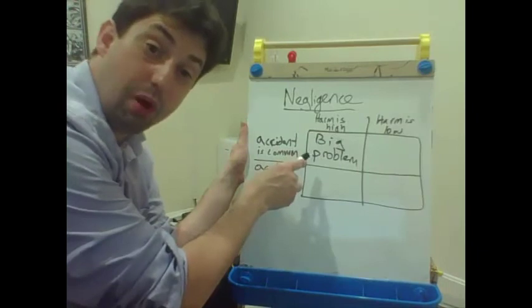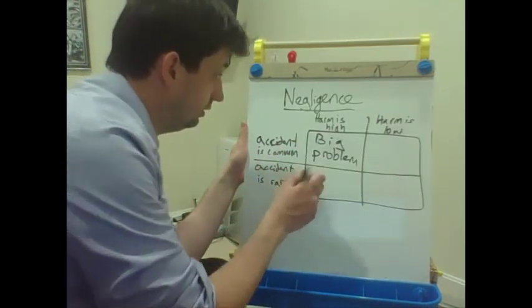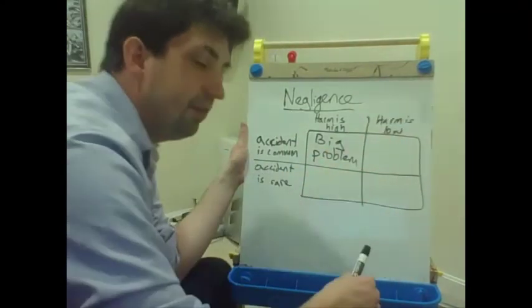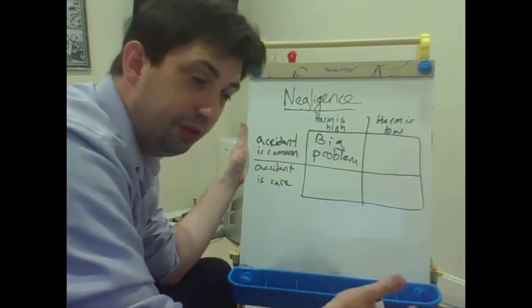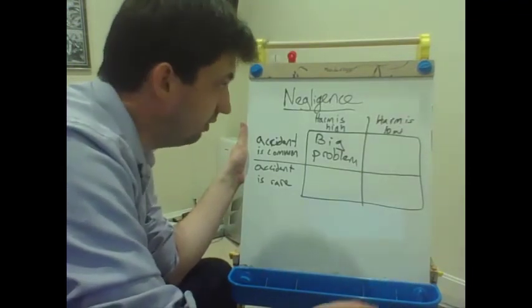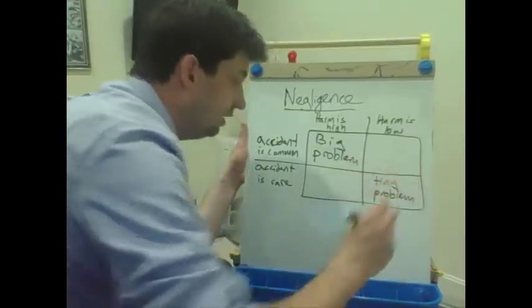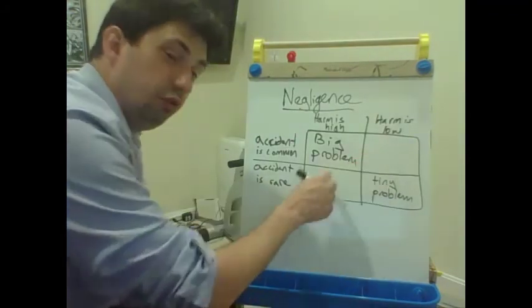This is a big problem. This is the big danger. However, in the case of me slipping on some little quiet corner of some area and slightly hurting myself, it's very unlikely to happen. It's not a really big deal that it did happen. It's a tiny problem.